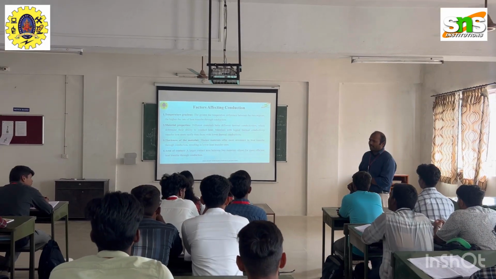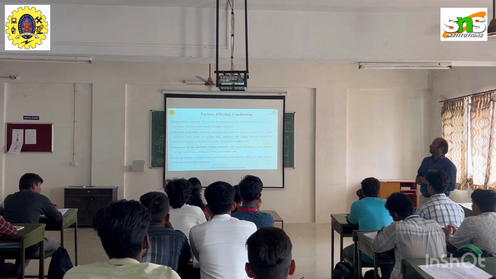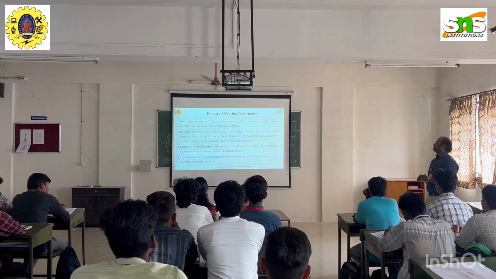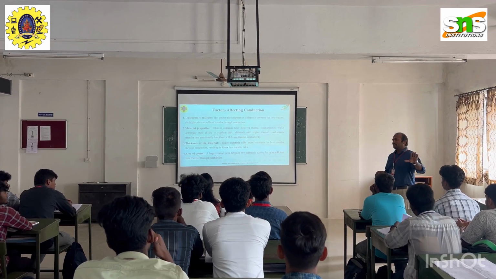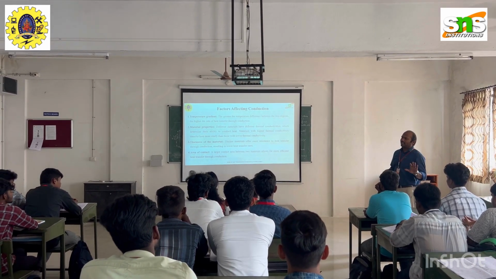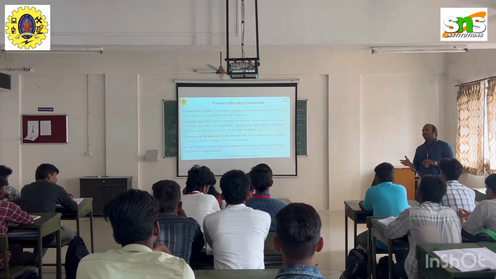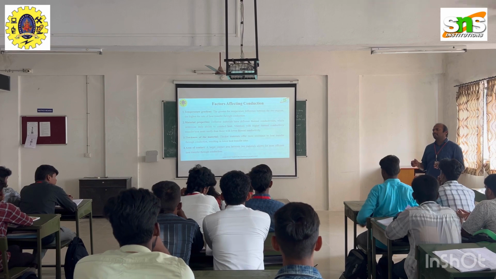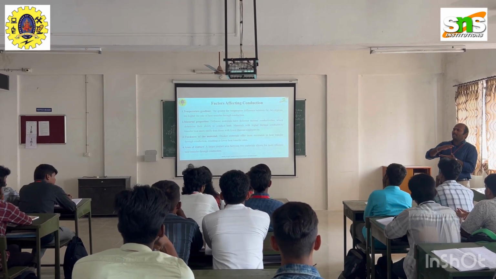The next part of conduction is the factors that affect conduction. First is temperature gradient. As I already said, heat always goes from the high temperature region to the low temperature region. If we take a vessel for boiling water, you can separate the layers of water one by one.